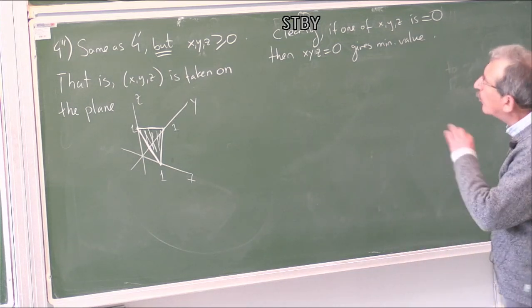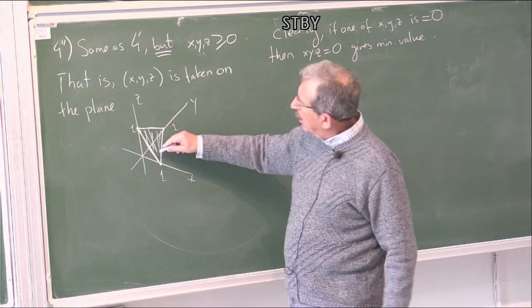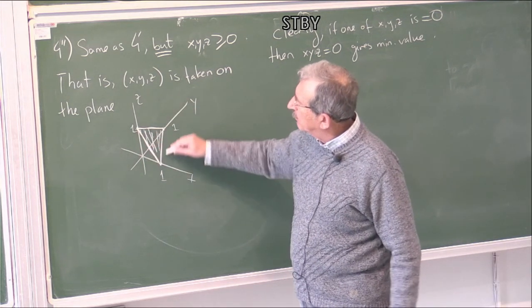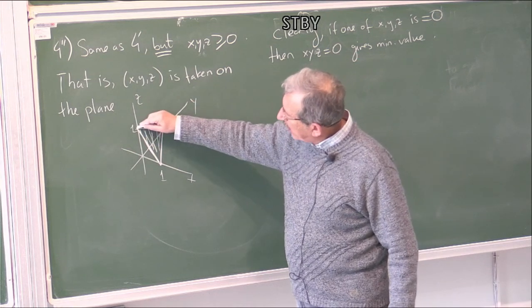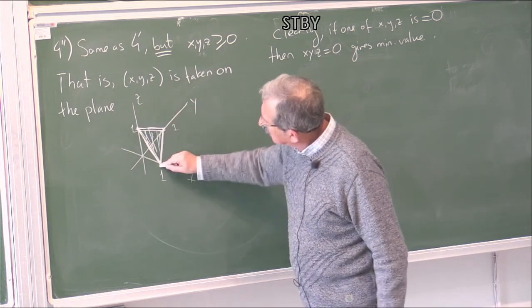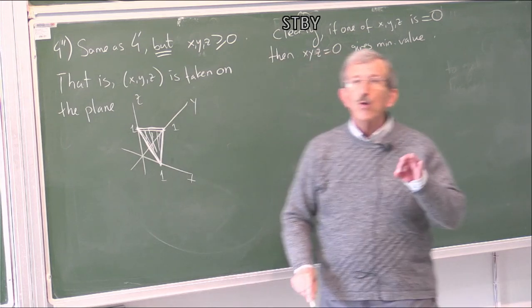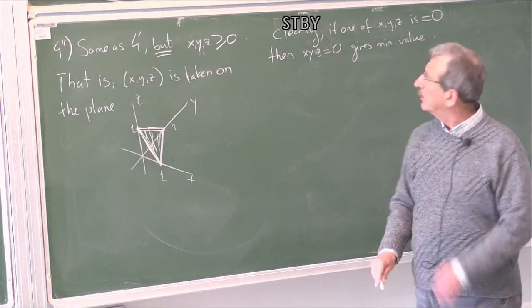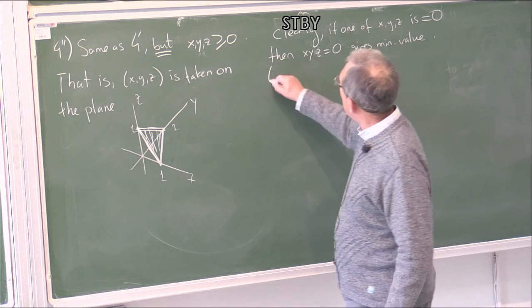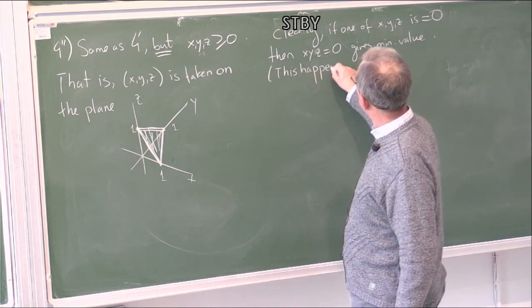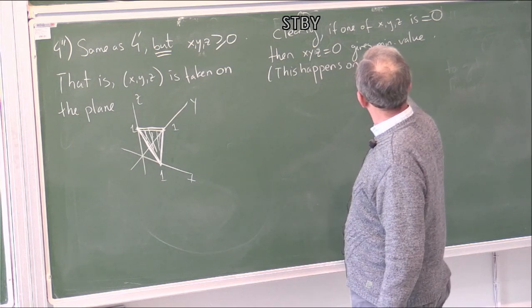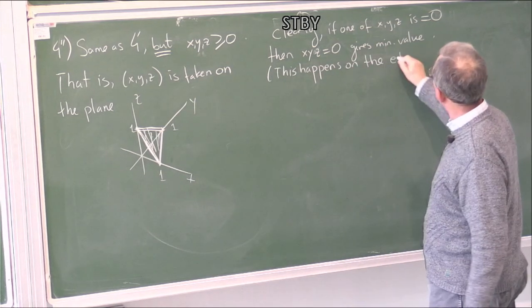And this indeed occurs because okay, if you choose a point from this triangle, whether you are on the sides, it doesn't matter which one of the components will be 0. So, okay, this happens on the edges.